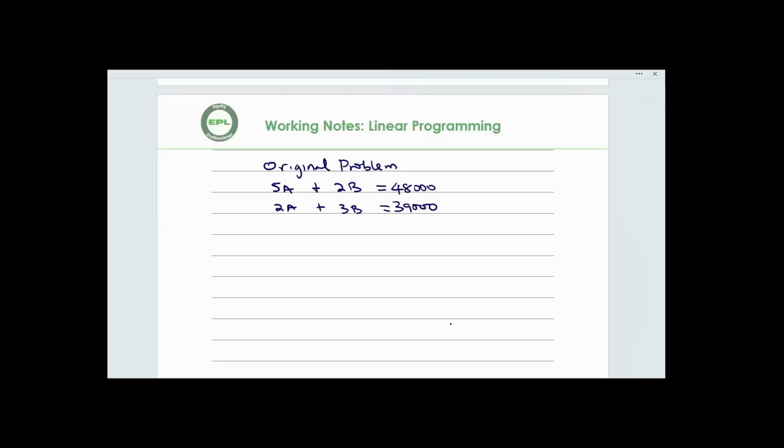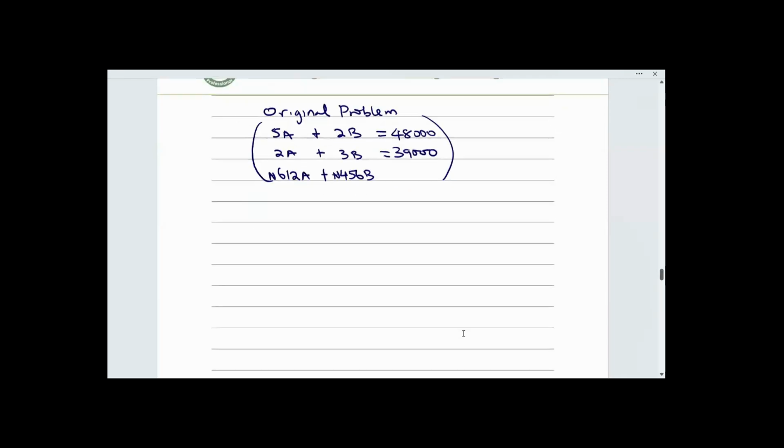The contribution of A is 612 plus the contribution of B, which is 456. If you like, you can indicate the arrow sign. So this is the original problem. Now get the dual problem.